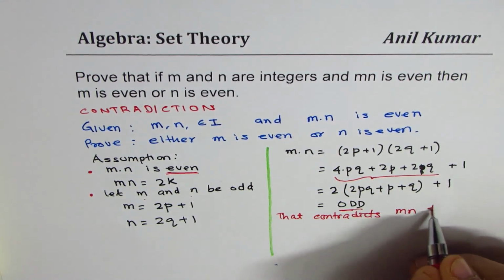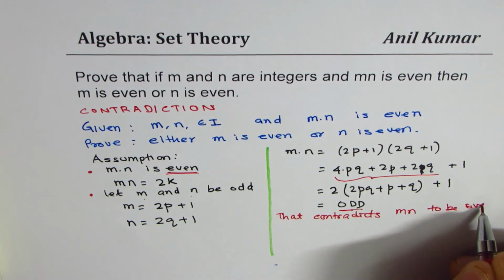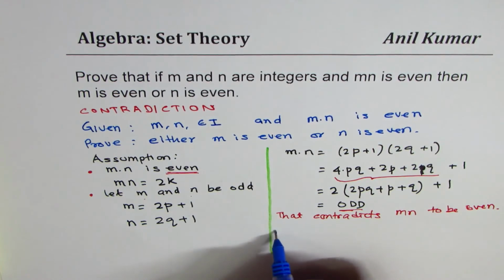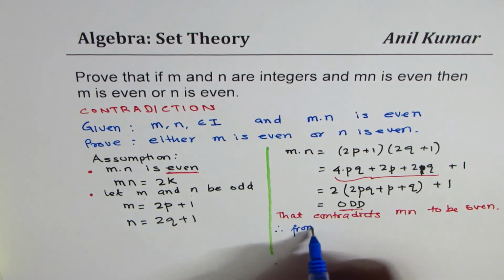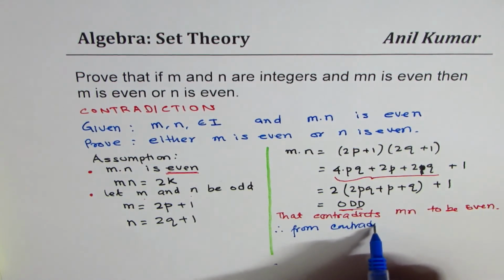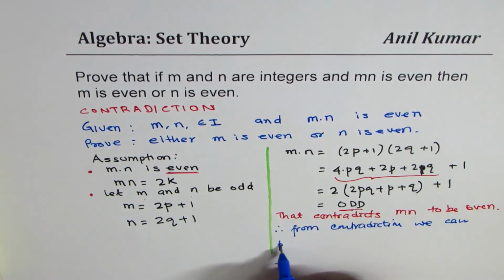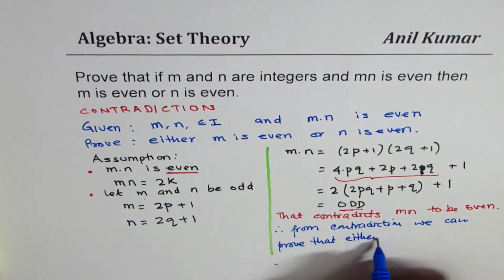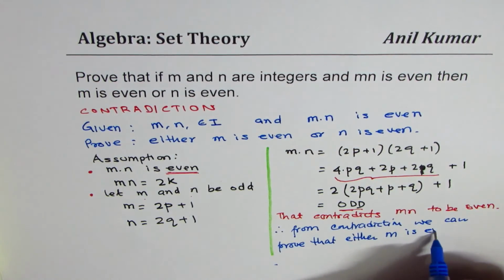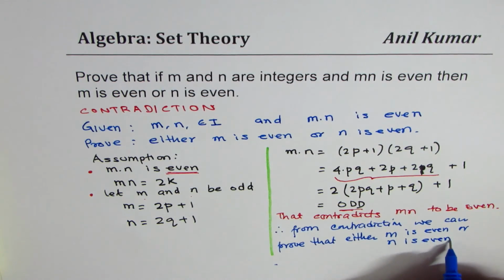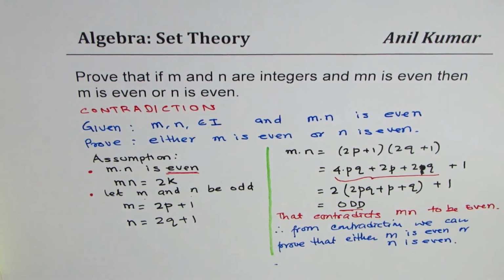So by contradiction we can prove, therefore, that either m is even or n is even, correct? So that is how you could actually prove it.